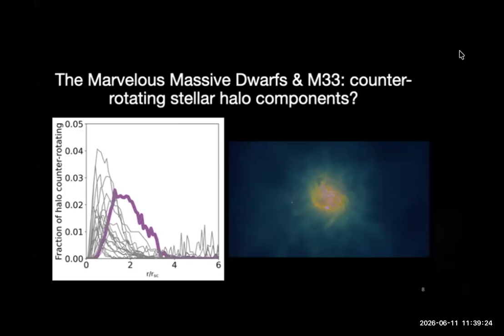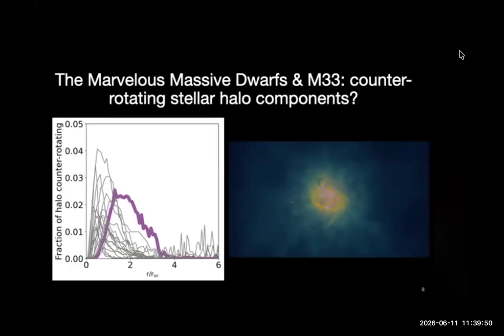M33 does have a warp, like a little S-shaped warp in its neutral hydrogen disk. We don't know the source of that, and the fact that it is so far from M31 right now, and it seems to be on first infall, suggests it's not coming from M31. So my pet theory based on this is that it's had a fairly recent, very minor merger, but there could also be a lot of other explanations for that.